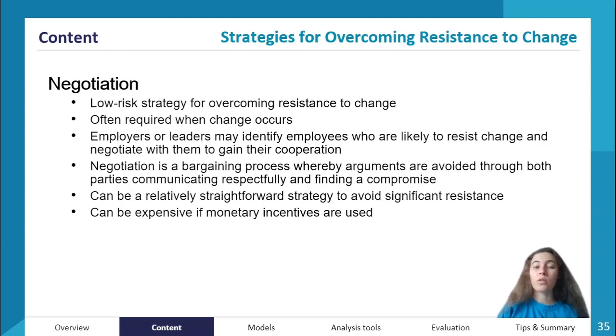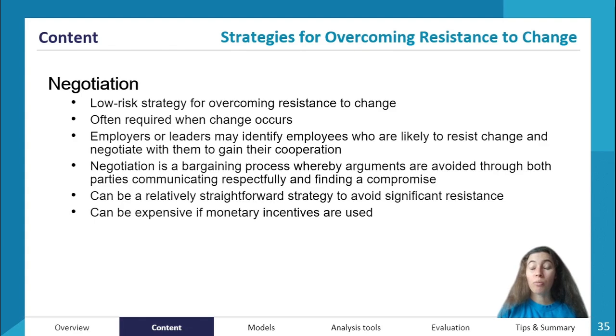And then those employers or leaders will try and negotiate with them to get them to cooperate, to get them to be satisfied. Negotiation is all about this sort of bargaining process, this back and forward, where you're not arguing, but you're communicating respectfully with one another, and usually finding some kind of middle ground or compromise that everyone is happy with.